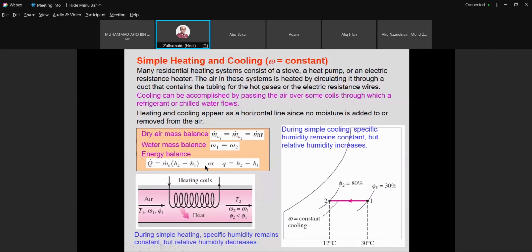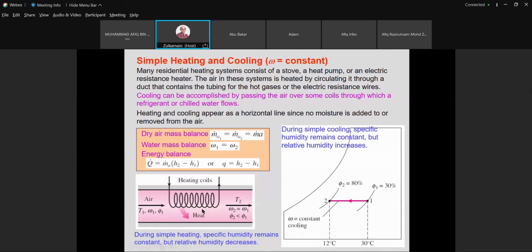Then if we look at this energy balance equation, what we have is the SFEE. Okay, this is basically the SFEE. What is the energy in? What is the energy out? And then what is the energy transferred in or out? In this case, we are going to have only the energy transferred in by heat.